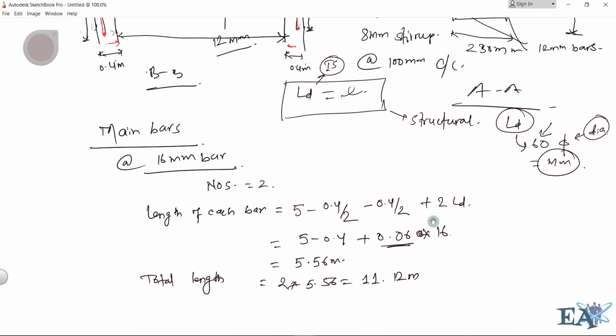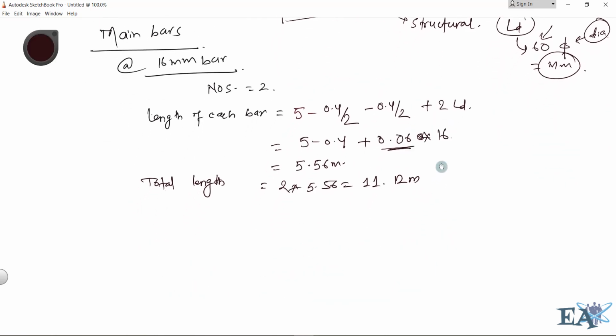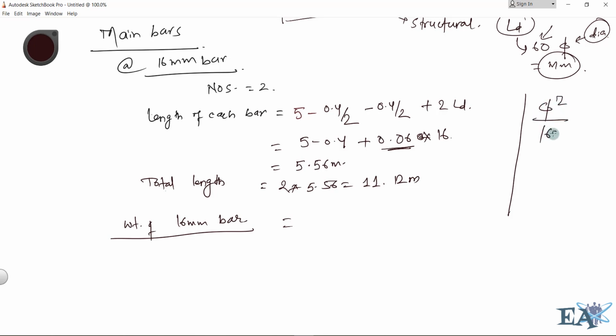Now if I find the quantity of steel, the weight in kg of the 16 mm bar, we know the formula for weight per unit length is phi square by 162 kg per meter. Phi is the diameter of the rebar, and phi square by 162 gives the weight of that rebar in 1 meter.